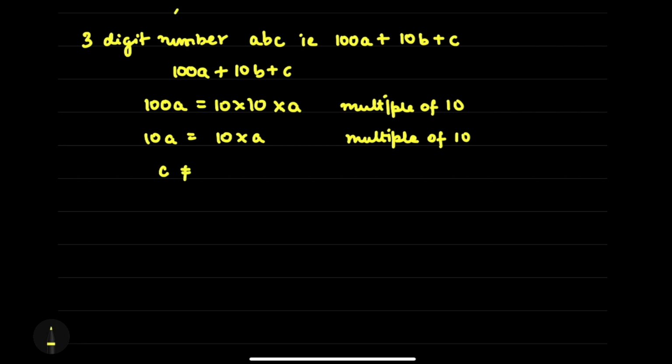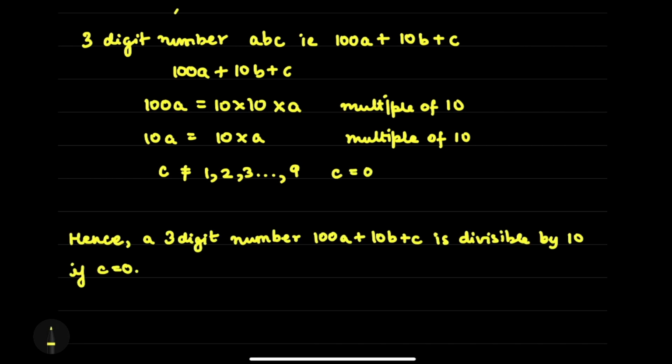Here C can't be 1, 2, 3, and so on till 9. So in order for the number ABC to be divisible by 10, C can only be equal to 0. Hence, a 3-digit number 100A plus 10B plus C is divisible by 10 only if C is equal to 0.